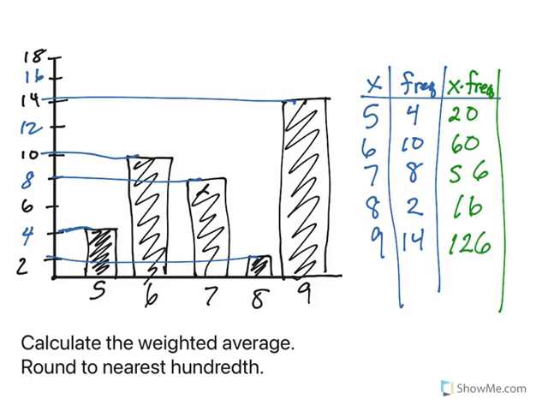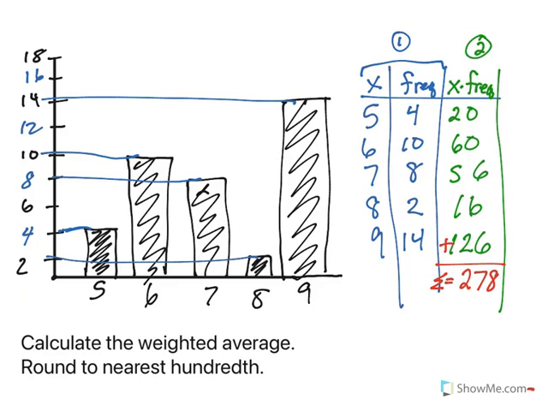Okay, so the X and frequency was step number 1. Multiply the X times the frequency is step number 2. Step number 3, we want to add these all together. So I want to sum up the X times frequency. This is the part with the average where you add all of your numbers together. So we have 278 when we add all of those: 20 plus 60 plus 56 plus 16 plus 126.